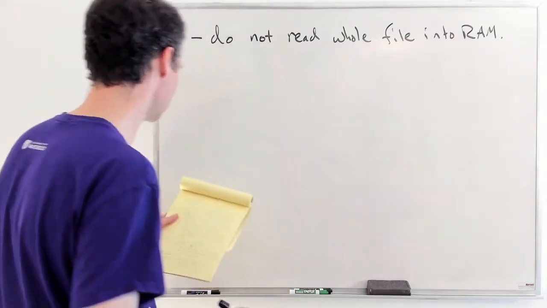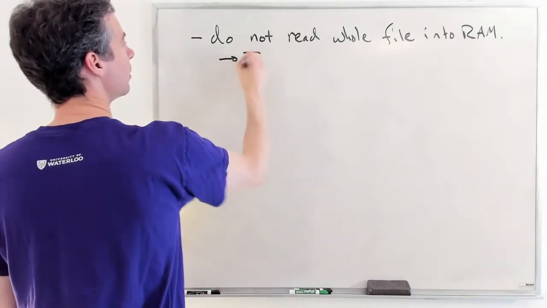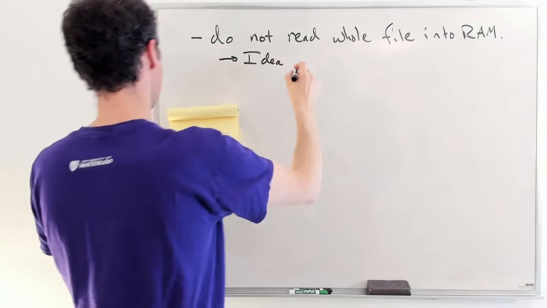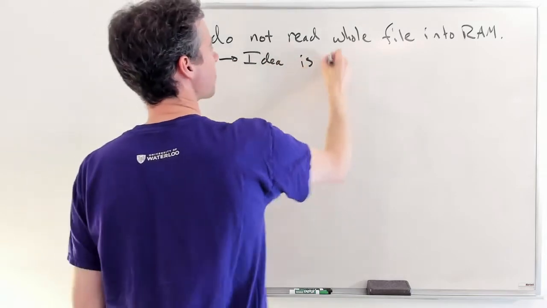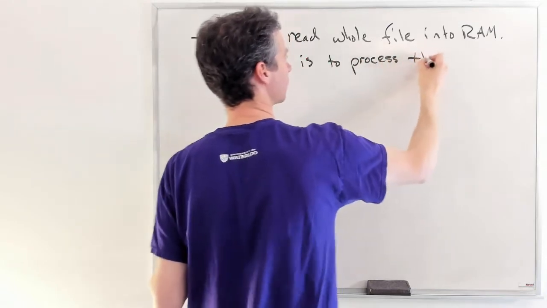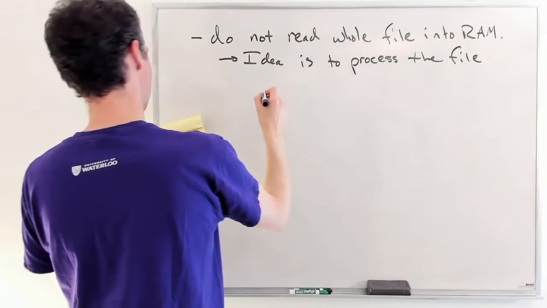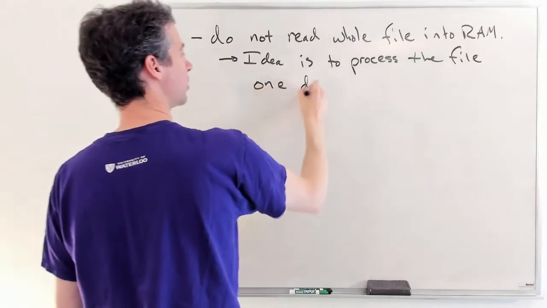All right, and so the idea that we're going to have here is to process the file. The file is composed of a bunch of documents. Process it one document at a time.